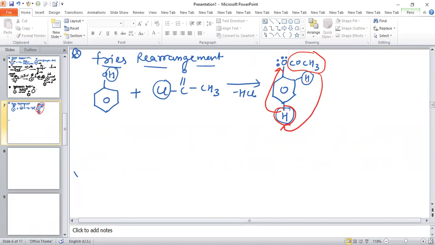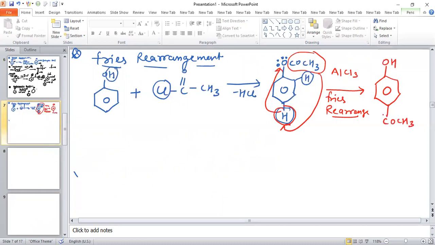For the Fries rearrangement, the catalyst used is AlCl3. If the hydrogen from the para position moves to the oxygen, it will be OH, and the leaving group will move to the para position. So one of the possibilities is this one.